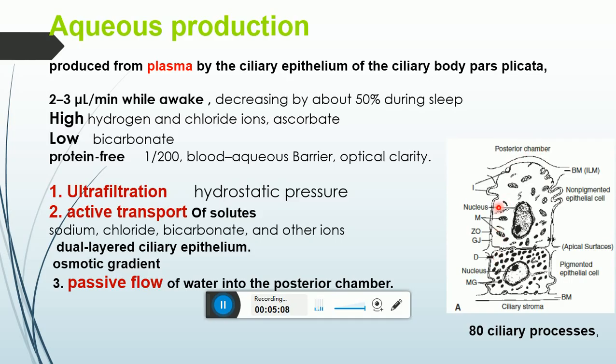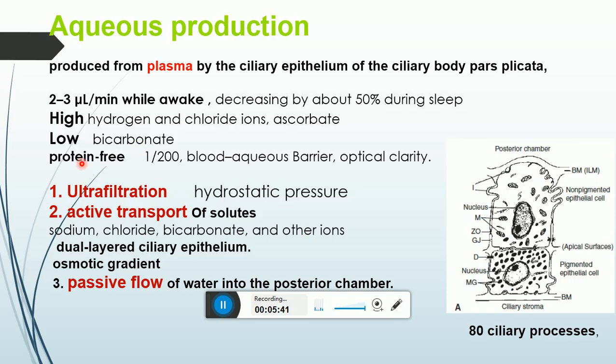Through this whole process, 2 to 3 microliters per minute of aqueous is produced while a person is awake. It decreases by 50% during sleep. In the aqueous humor there are high hydrogen and chloride ions, high ascorbate and a low level of bicarbonate.